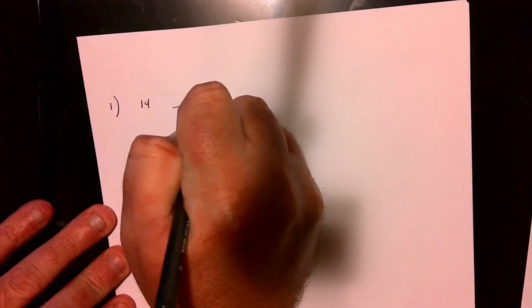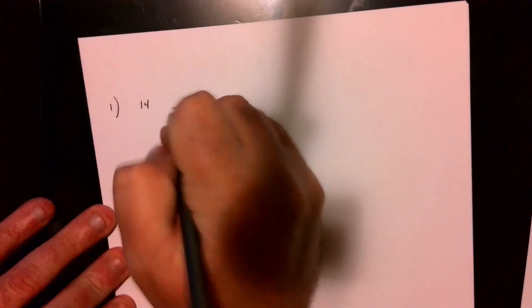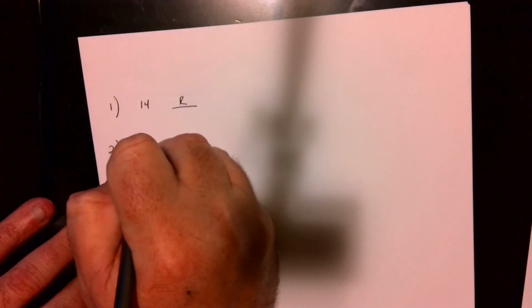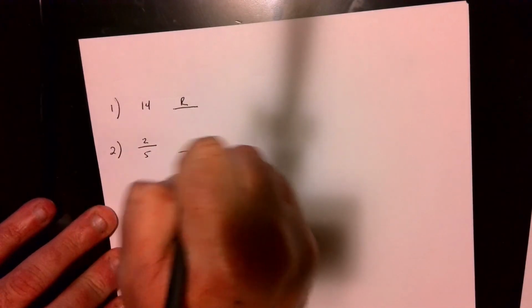Your assignment today will give you questions simply like this. They'll give you a number like 14. And you tell me, is it rational or irrational? Well, it's a whole number, so you simply just say rational. Then they'll give you one like 2/5. Is that rational or irrational? Well, it's a fraction, so therefore it must be rational.